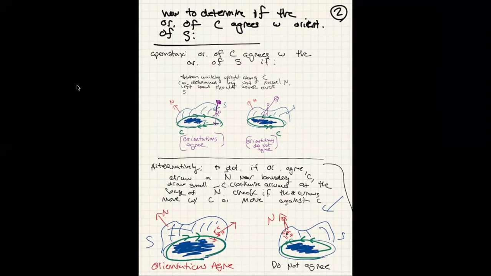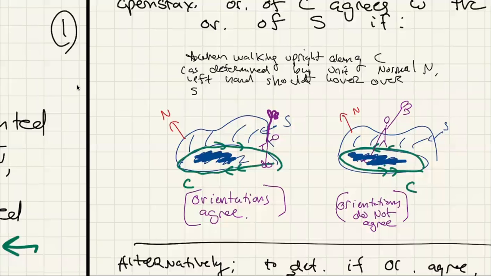Okay, so this one for a second. Do you want to look at the picture? Yeah. Okay. So my little purple guy is walking upright over the green, and the left arm, its shadow is sort of over the surface. So over there in that picture, maybe my picture's not great, but the left hand is hovering over S in that case. But he's walking along the curve, right?